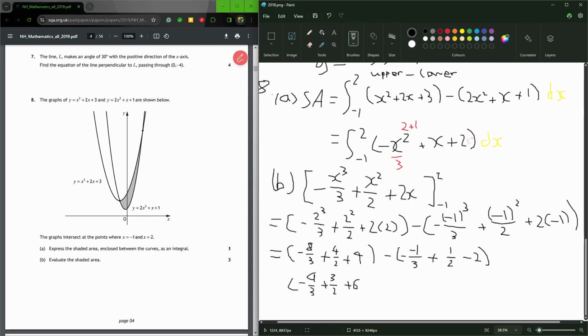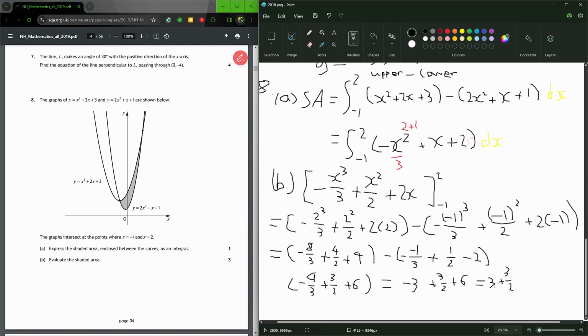But then we just need to sort this out. Obviously, 9 divided by 3 is just 3. And then 3 divided by 2, we can't really sort that out, so we'll just express it as that for now. And then plus 6. 6 plus minus 3 is just 3, isn't it? So it'll be 3 plus 3 over 2.